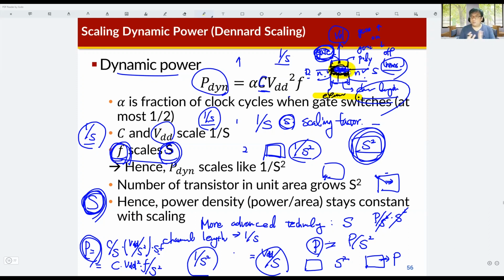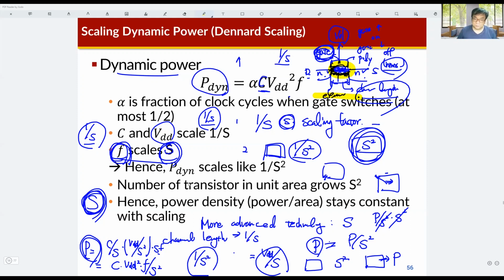If we reduce the channel width, then the transistor becomes faster. That also means that we can reduce the supply voltage. There are many benefits to reducing the channel width of this CMOS transistor. Also, we can reduce the size of the transistors.